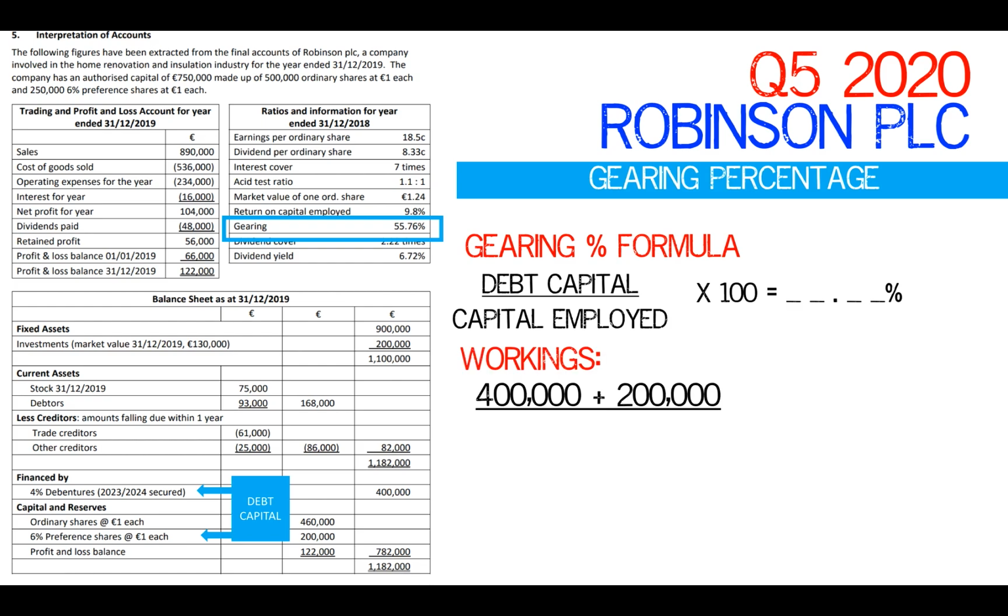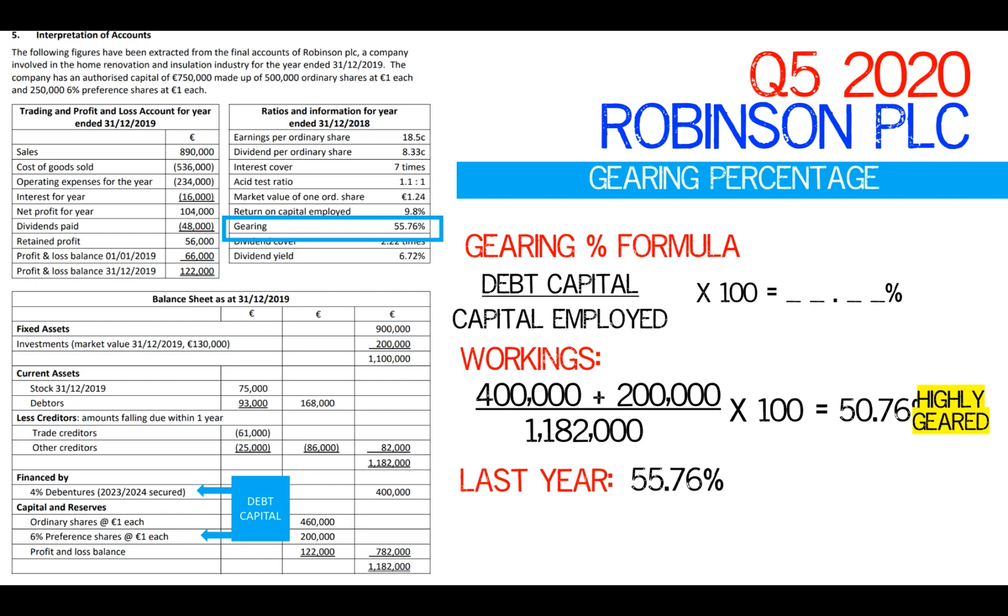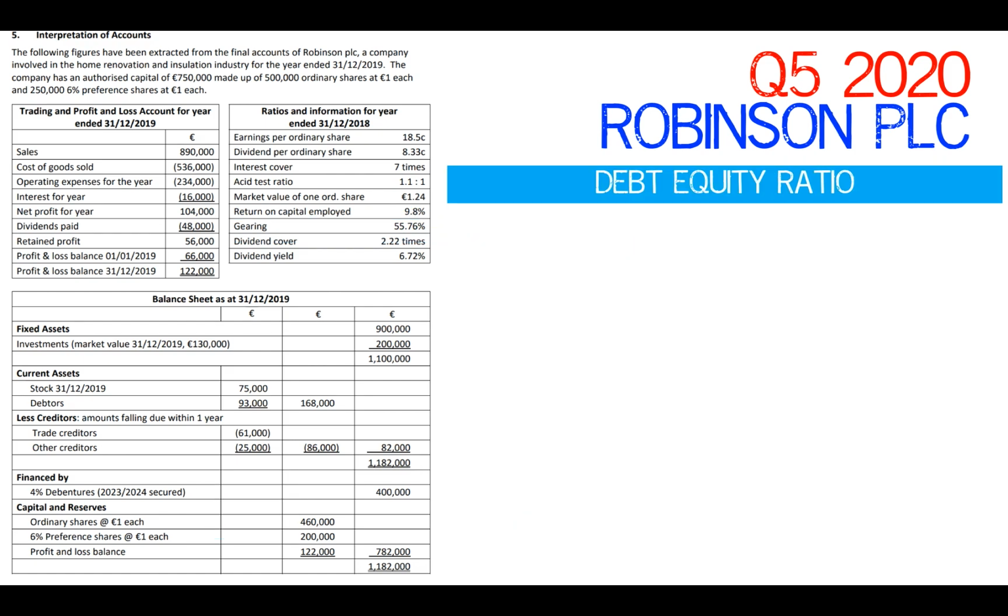So 400 plus 200 divided by 1182 multiplied by 100 is 50.76%, which is still highly geared, but it's in a better position than last year's 55.76%. So it is a positive trend, and those are the percentages your workings should come to.